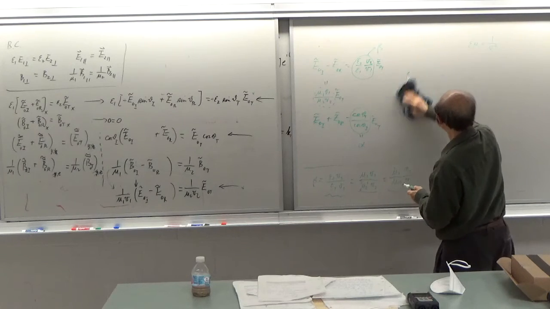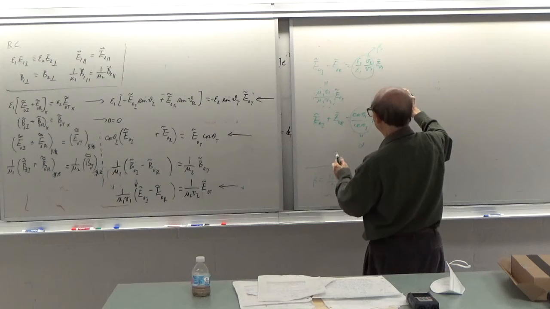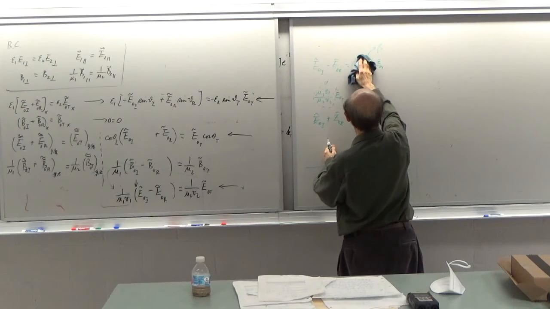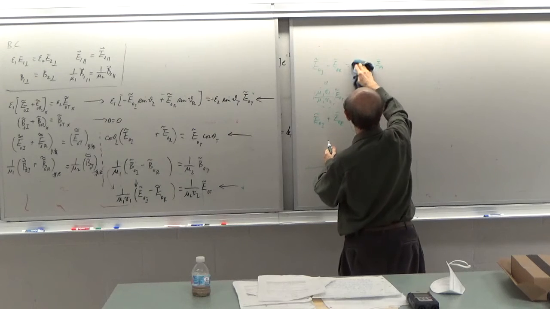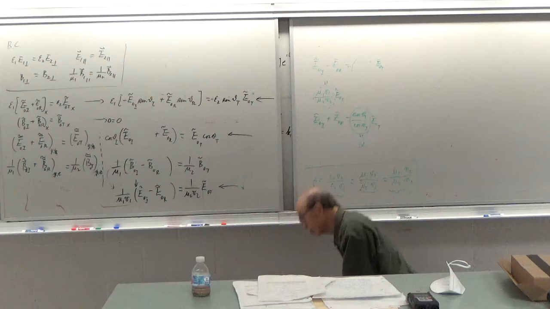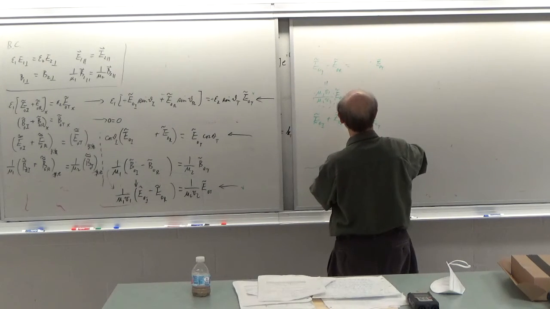So I'm done with this. To save space, let me erase this. So now I have two equations to solve. This is now beta. This is alpha.